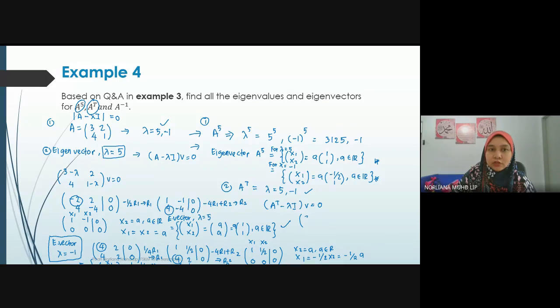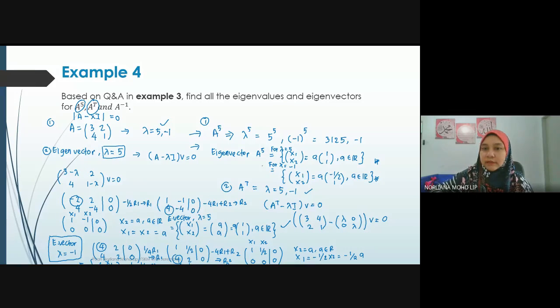Transpose. So 3, 4, 2, 1. Minus lambda I. So lambda 0, 0, lambda. Times V equal to 0. Okay, tak buat lah ni. Saya buat kat sini.